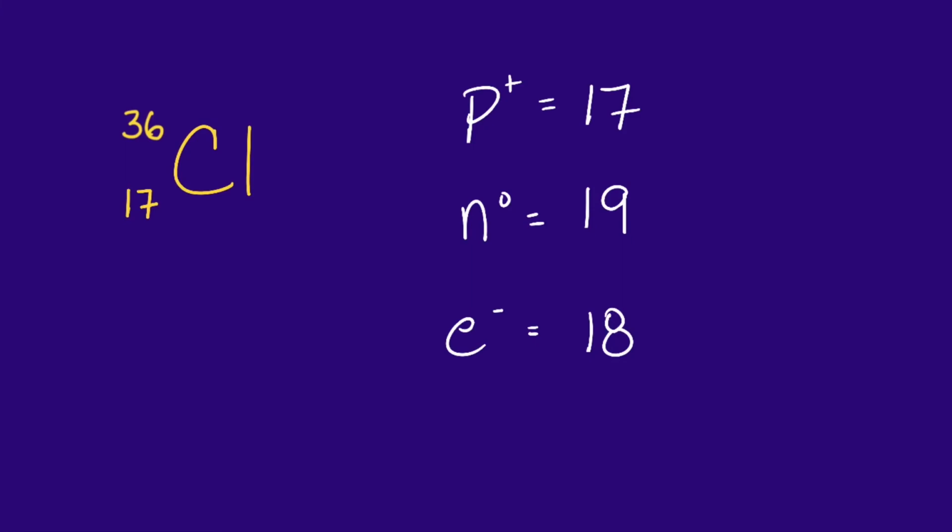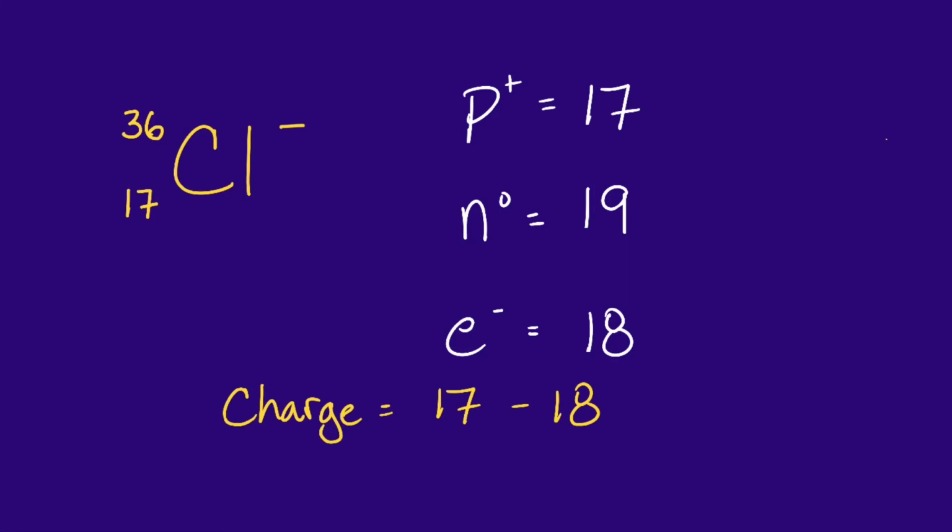And because there is one more electron than protons, right, 18 electrons versus 17 protons, that means our charge is going to be -1. Now we can represent that as 1 minus, or if you prefer, you can also just write it as a minus sign without the number. That is also acceptable.